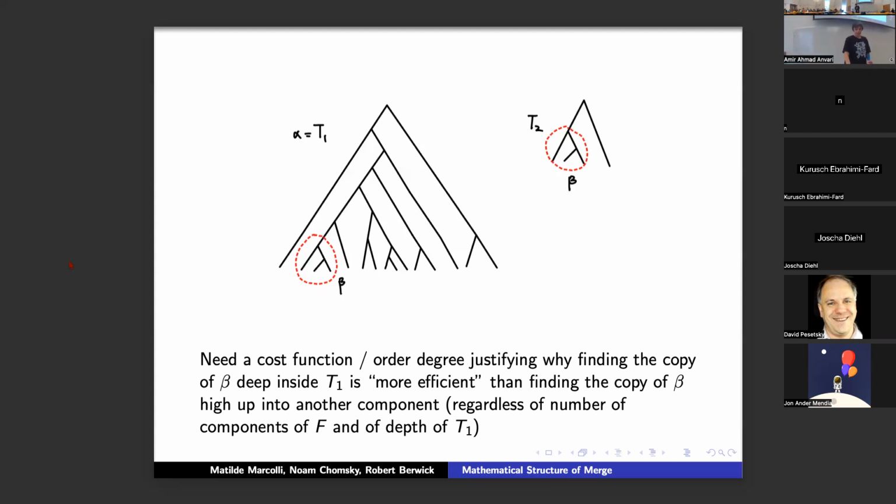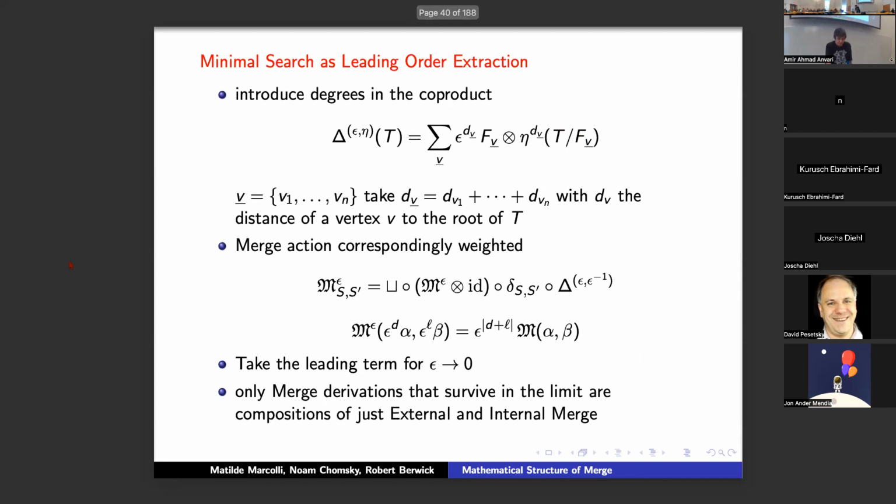Okay. So this is how I see what it means that minimal search is minimal. At least it's a way to justify that minimal search is indeed minimal with respect to some cost function. Do we assume that that cost function is going to have a unique minimum? I mean, in the sense that you could imagine two terms whose cost is probably exactly the same, right?